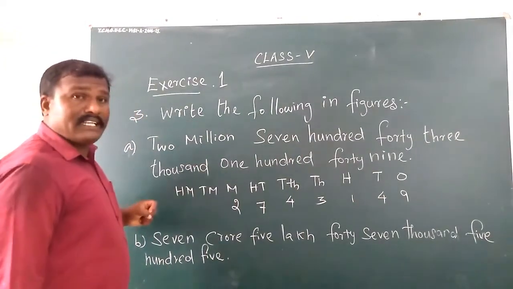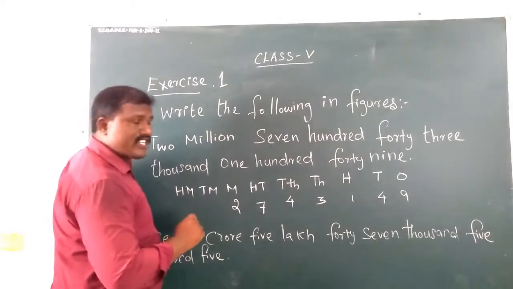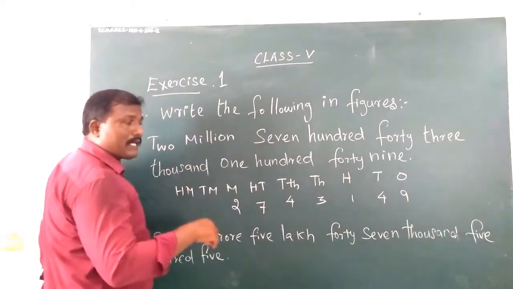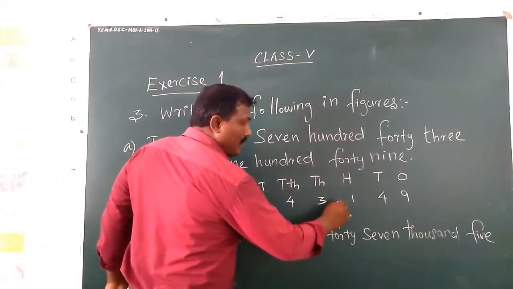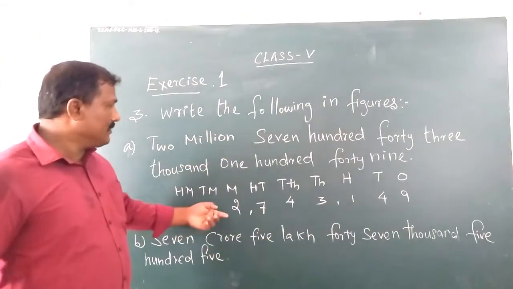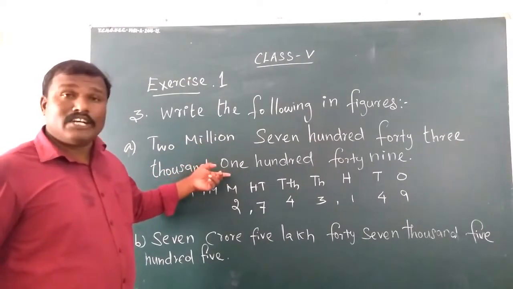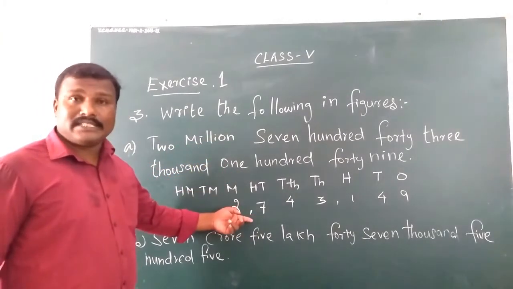So now easily I converted the given words into numeral form. We have to give commas as per the international place value, which we already talked about. So how can we read it? 2,743,149. I converted it into the numeral form.